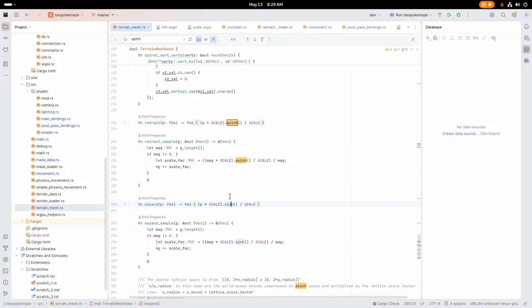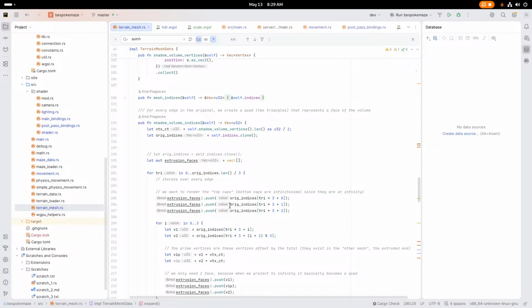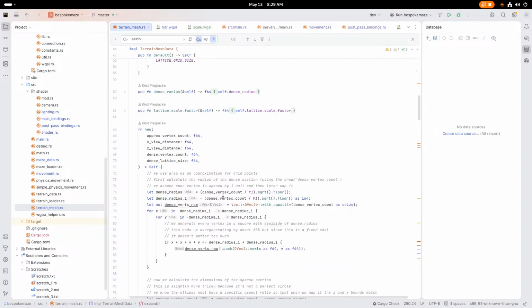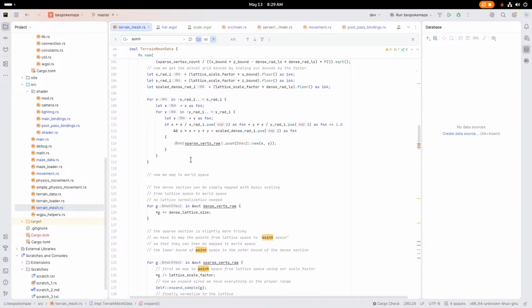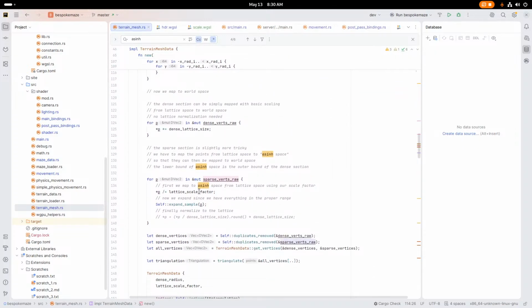Or rather, I use sinh. So originally the distance between them all is, let's see, if I look at this guy, sparse vertices.